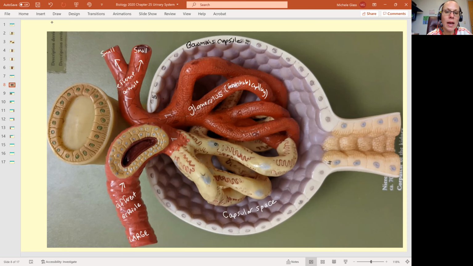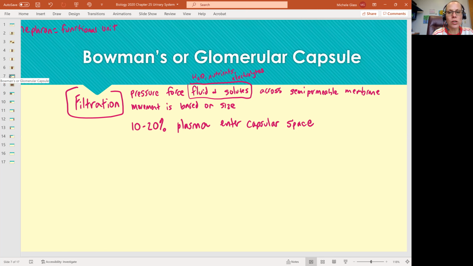But notice that you have these kidney cells that are forming the capsule, but also actually wrapping super tight around the glomerulus. So if we go back to our discussion of the Bowman's capsule, we'll see that we're going to have what we can call the parietal layer. So we'll have our parietal layer, which we know is the outer layer.